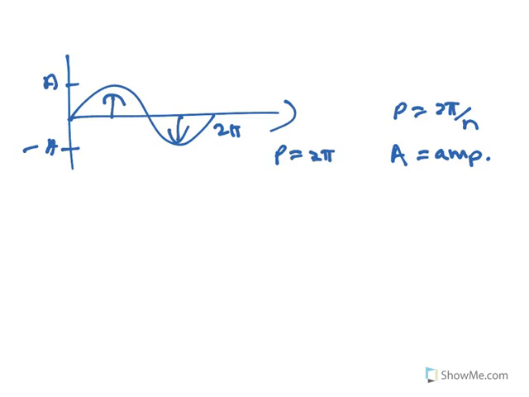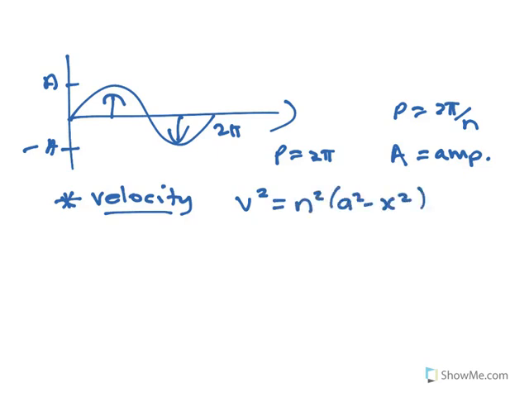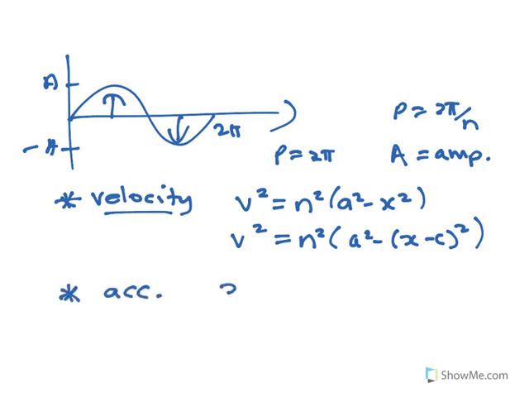So things that you're going to be looking at here are your velocity equations, which are v squared is n squared, a squared minus x squared, and v squared equals n squared, a squared minus x minus c squared. These can actually be derived from the acceleration formula, which I'll do in a minute. And then you have your acceleration, which is x double dot is minus n squared, x minus c.